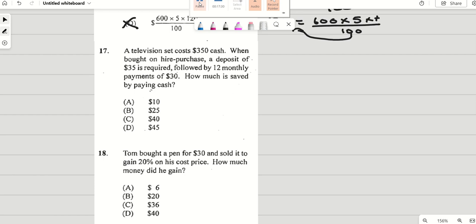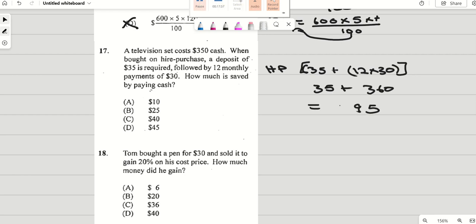How much is saved by paying cash? I think this is a repeated question as well, but let's do it. If she paid on hire purchase, she made a down payment of $35, plus for 12 months she paid $30. So that's 35 plus 12 by 30, that's 360, so this is 395.